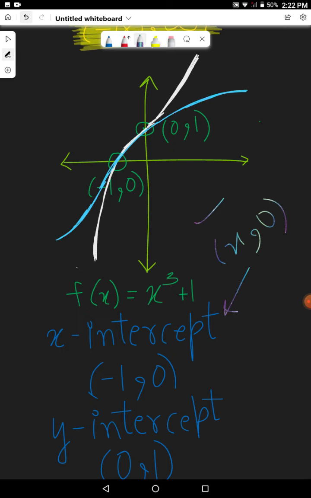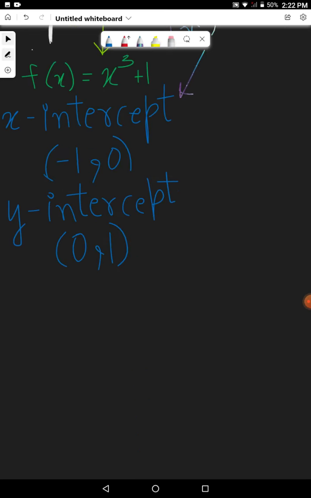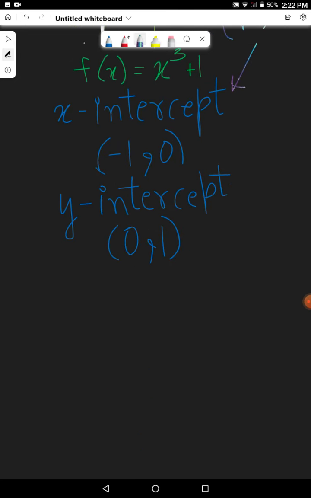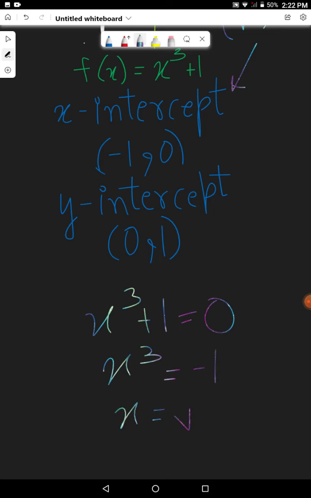So what you will get is x cube plus 1 equals 0, because f of x is the value of y. x cube equals minus 1. x equals the cube root of minus 1, which will be minus 1.